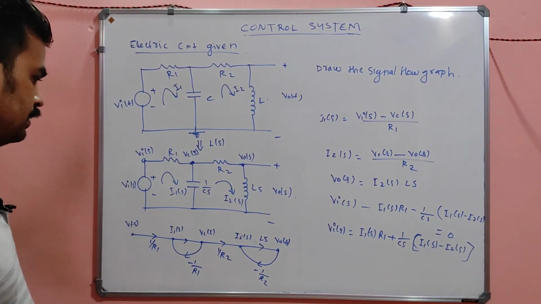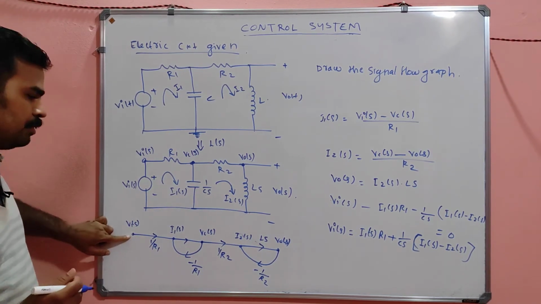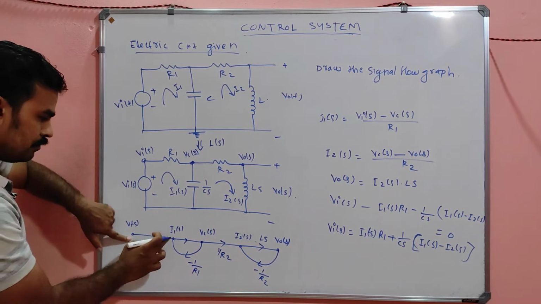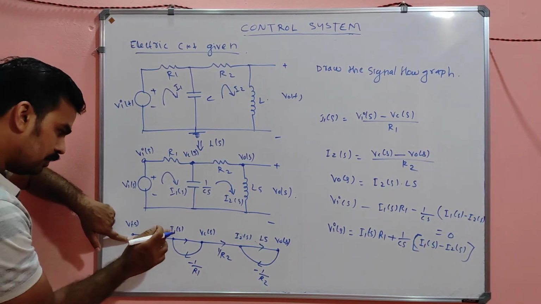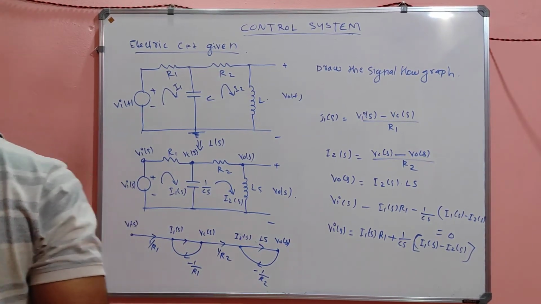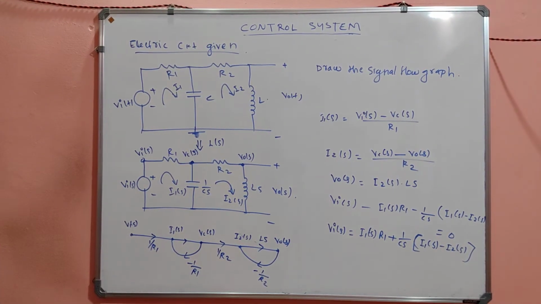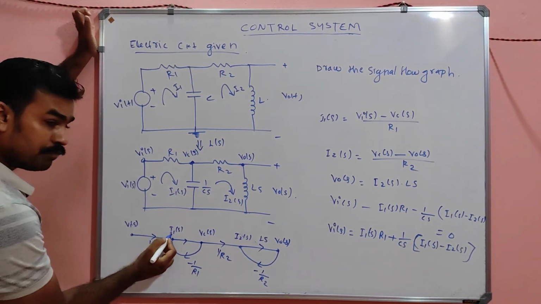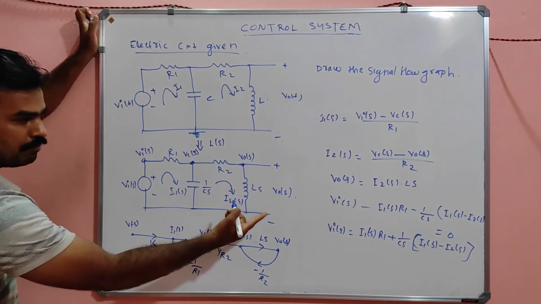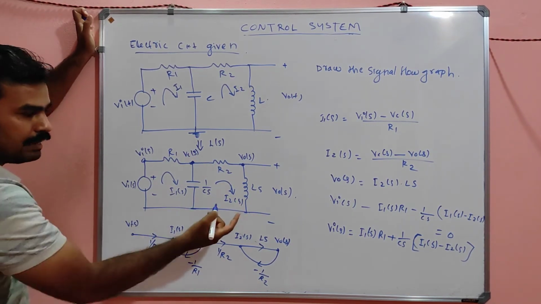So Vi of s will be formed by I1 of s into R1. Already we learned that I1 of s is equal to Vi of s divided by R1, so Vi of s will be simply the reverse, I1 of s into R1.